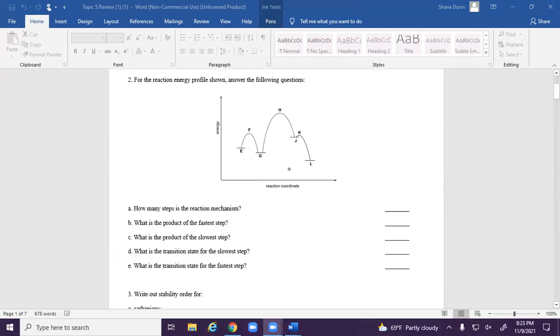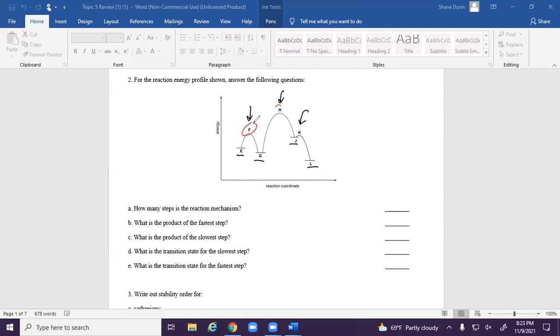Okay. So this right here is just an energy profile diagram, right? You should learn this from 115, 113. We start off with E. A reaction occurs, we get G. Another reaction occurs, we get J. Another reaction occurs, we get L. How many humps do I have?